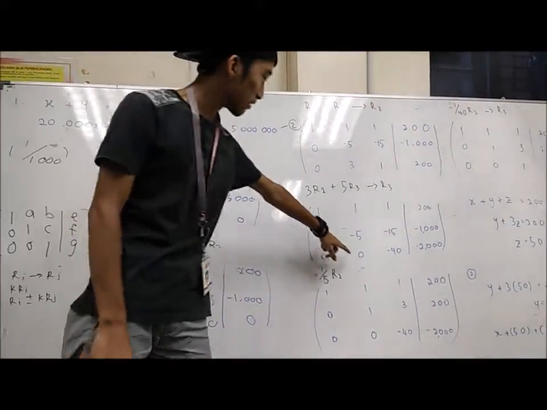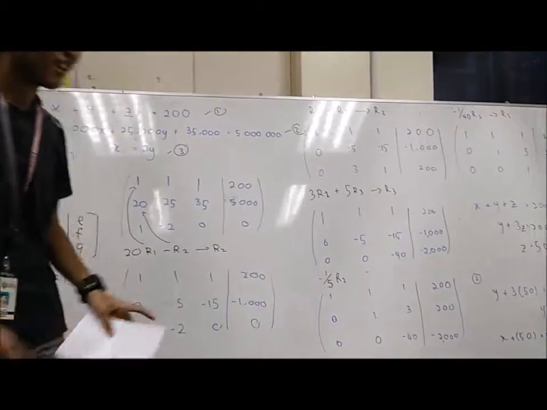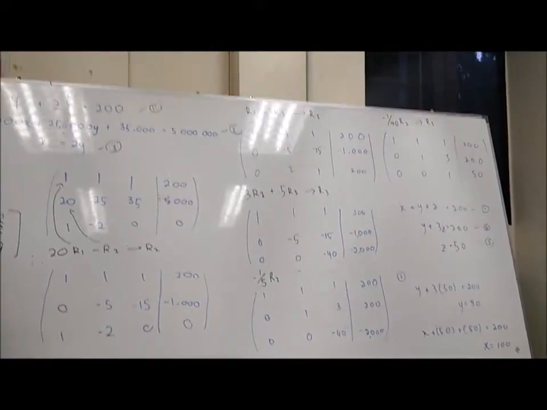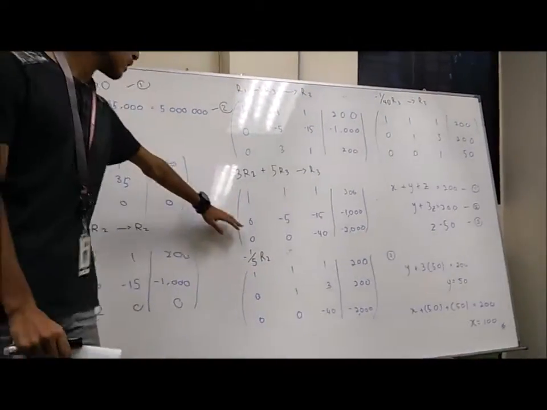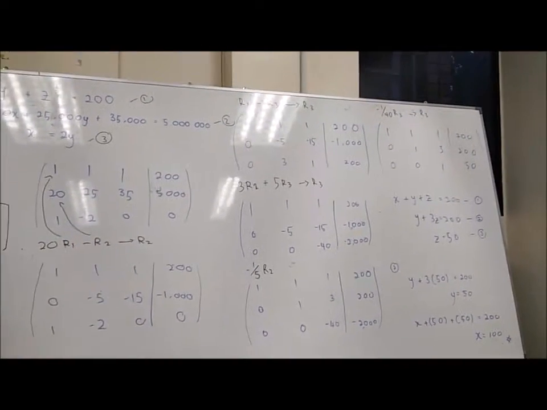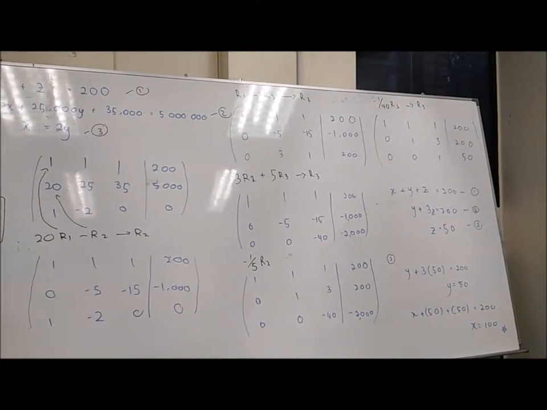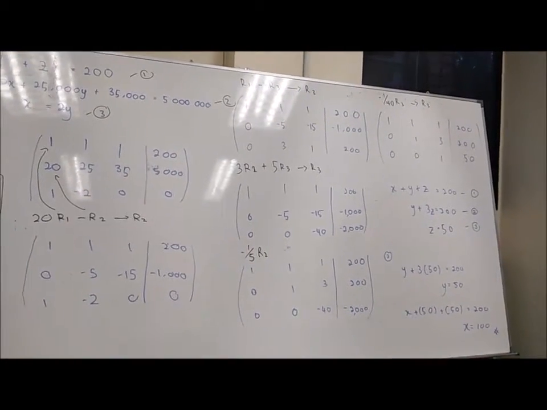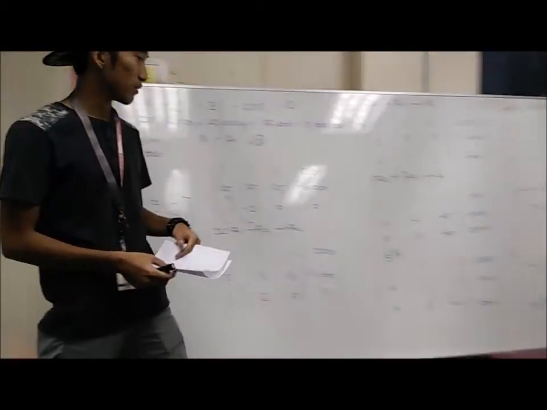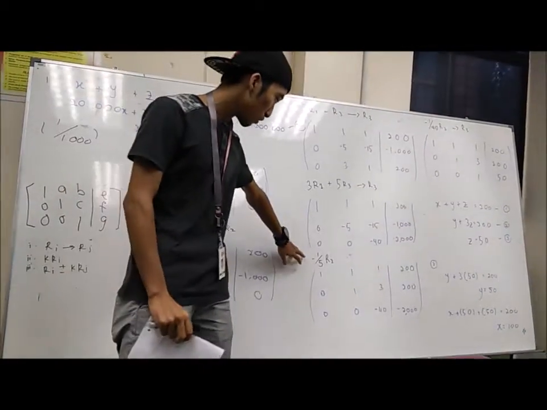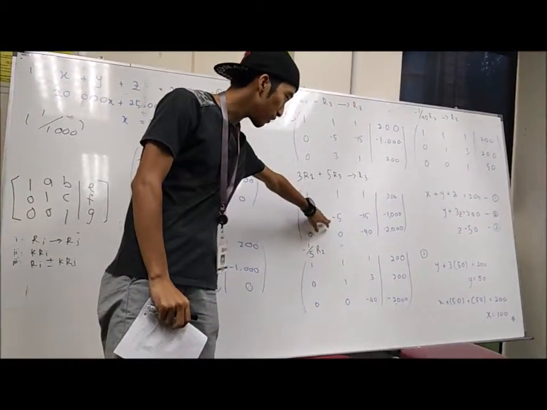We must change it to 0, and after we finish the change to the 0, we must step. Next formula, we use to change the 5, negative 5.